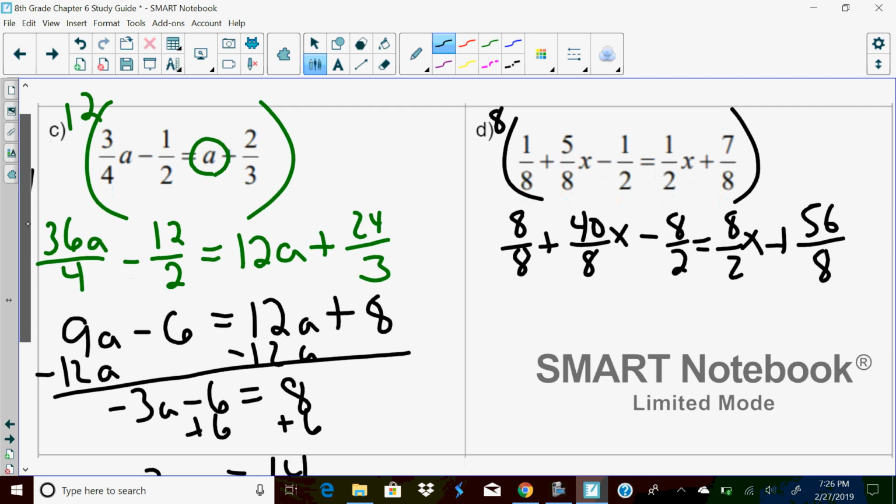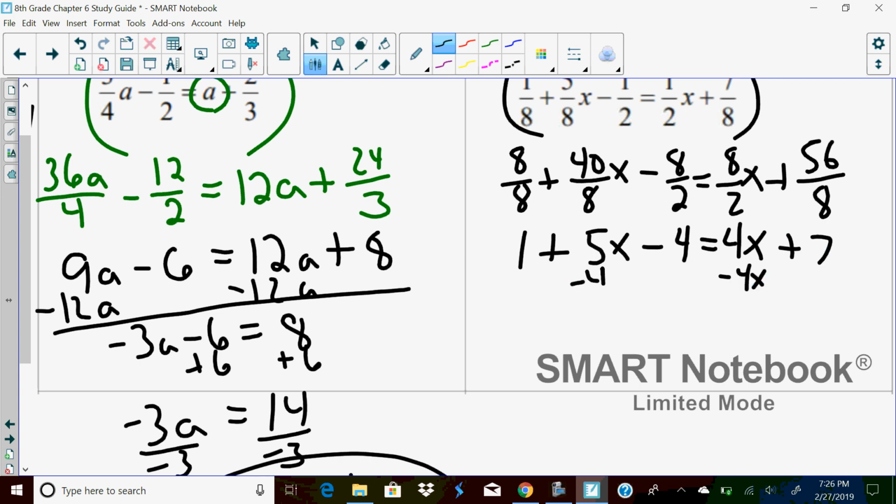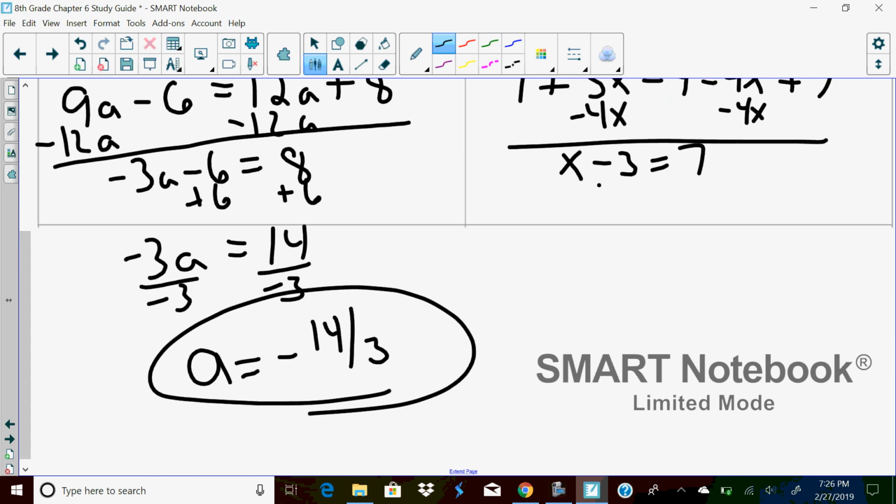So then when I simplify, I get 1 plus 5x minus 4, equals 4x plus 7. So I'm going to subtract 4x from both sides. So I'm going to get x, and 1 minus 4, which is minus 3, equals 7. Add 3 to both sides. So I get x equals 10.